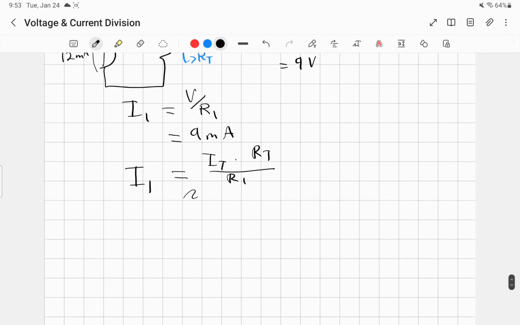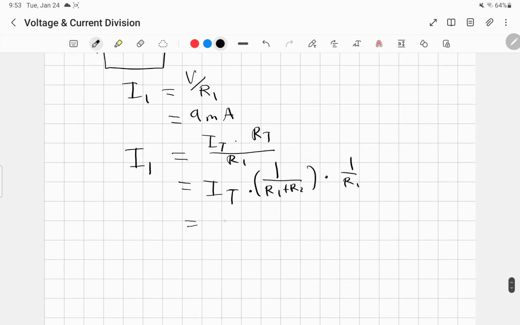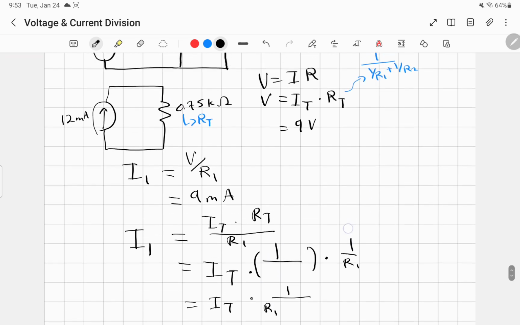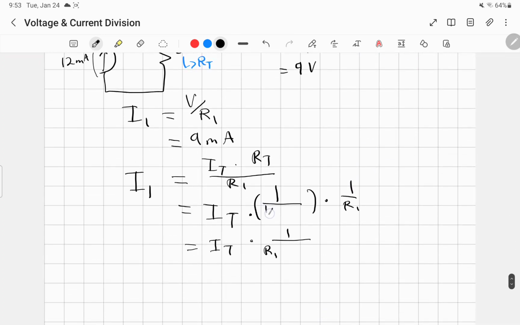So it's going to be equal to IT times 1 over R1 plus 1 over R2, times 1 over R1. I'm just going to move that R1 into the denominator.